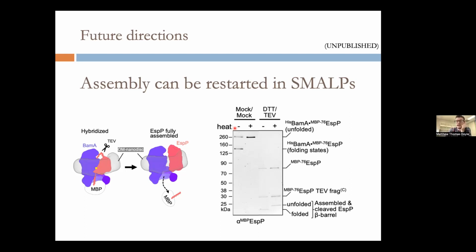Mm-hmm. Yeah, so that's great. Really great idea. You don't want a backlog of barrels. As soon as you get a backlog of barrels in the periplasm that are waiting to engage the BAM complex, that's toxic. So cells grow slower, or in some scenarios it's almost lethal.